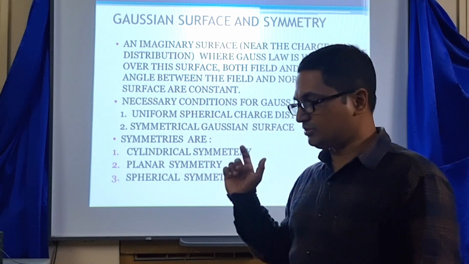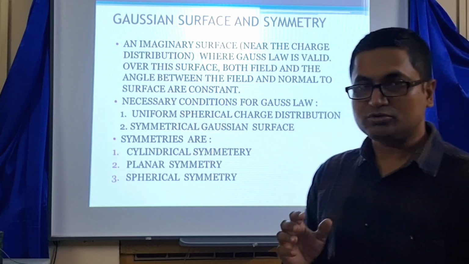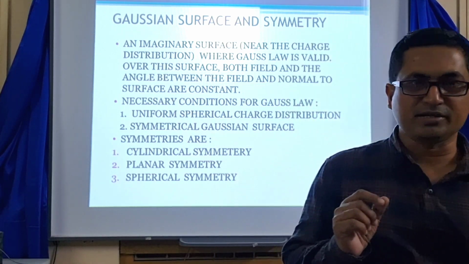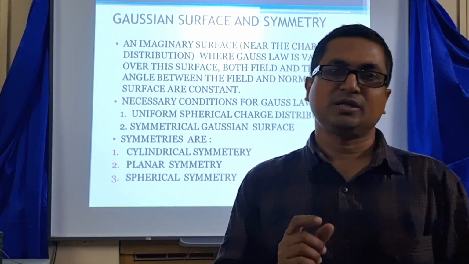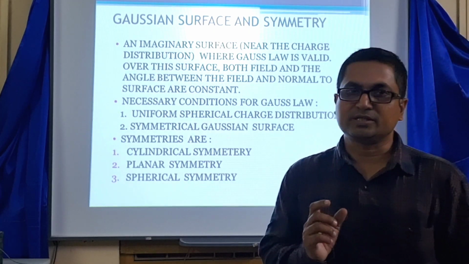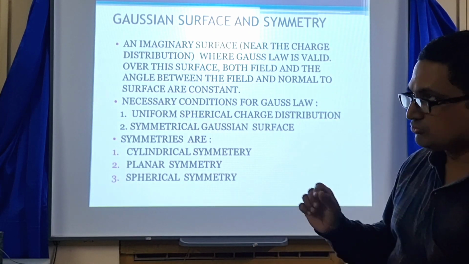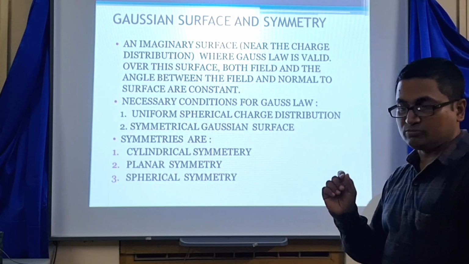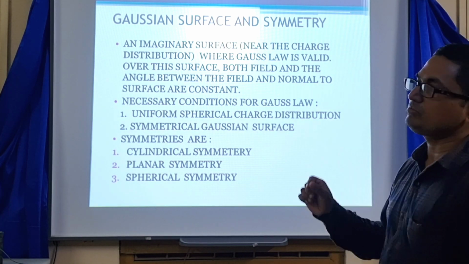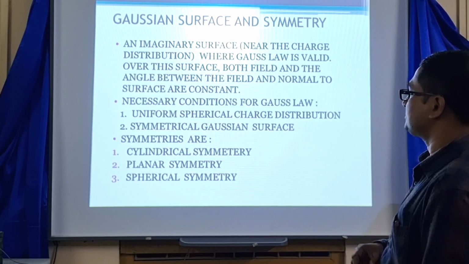This is one of the important things regarding the Gaussian surface. To define a Gaussian surface, you must take that it's an imaginary surface, and to apply Gauss law, you must use this imaginary surface.